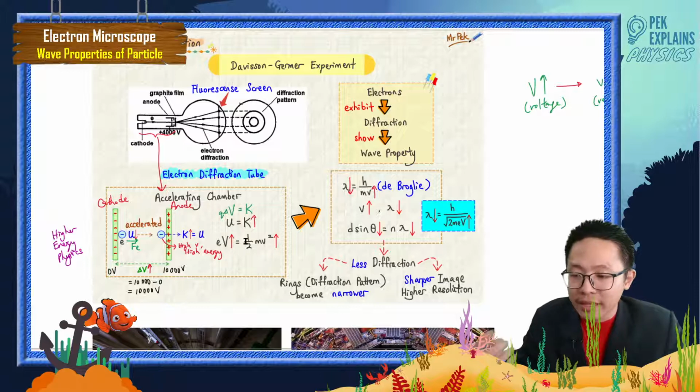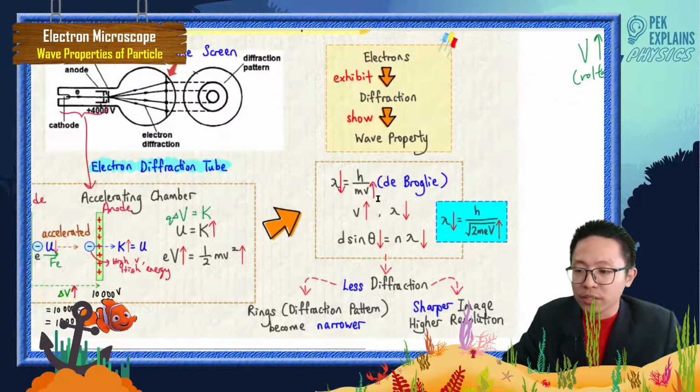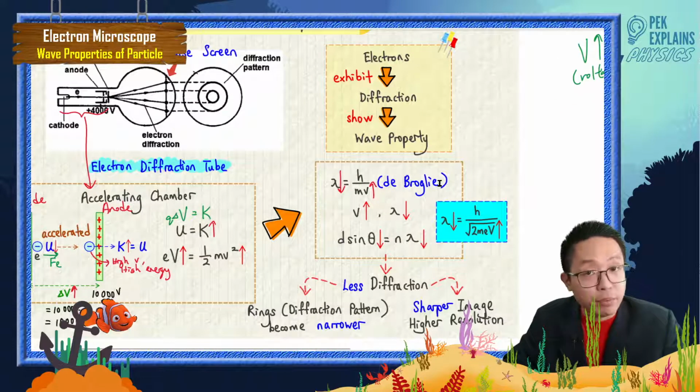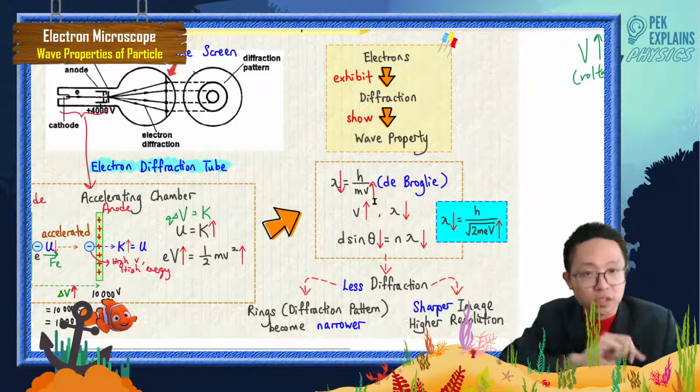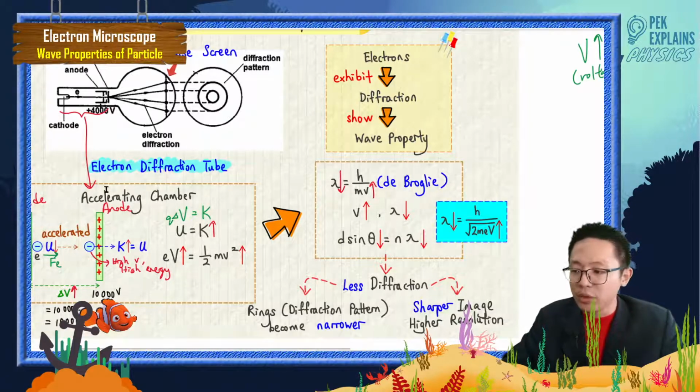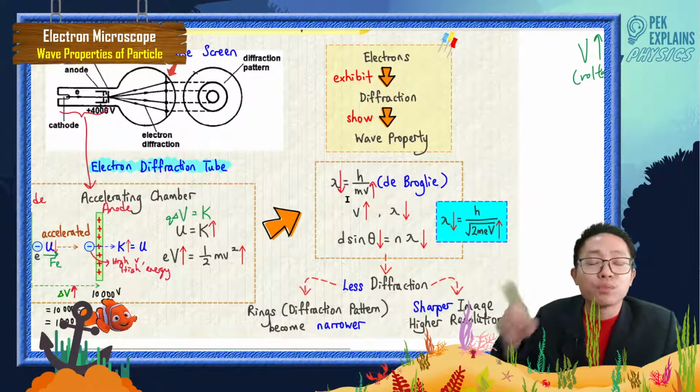When you accelerate the electron, because according to de Broglie, the wavelength is influenced by the velocity. Why do you need to accelerate the electron? Because the wavelength of the electron is influenced by the velocity of electron. And if you have a very high velocity, you have a very small wavelength.